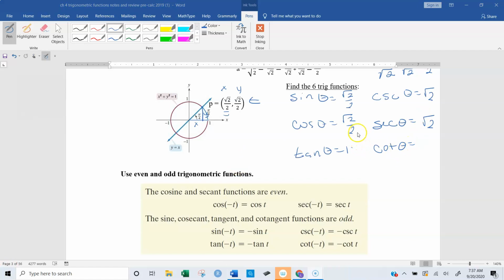Now as you go around your circle, they're just going to change where they are. So now if I go up to here, because that would be another 45, the only thing that's going to change is the sign. So now I know x is negative here, so it's going to be negative square root of 2 over 2, and the y is going to stay the same, square root of 2 over 2.